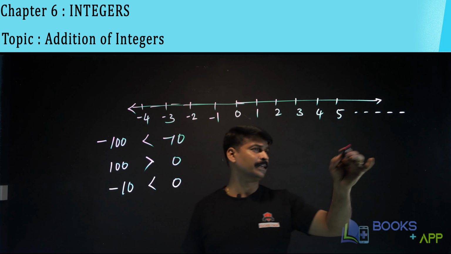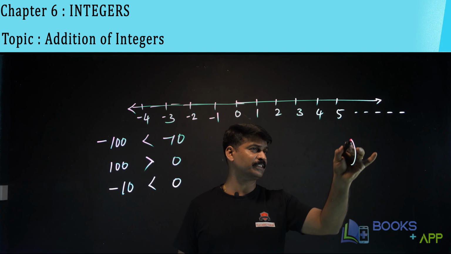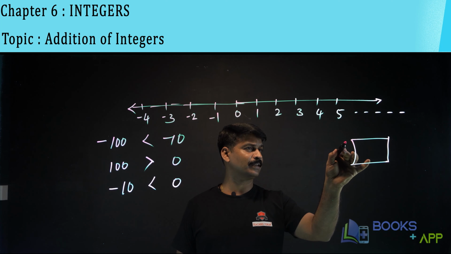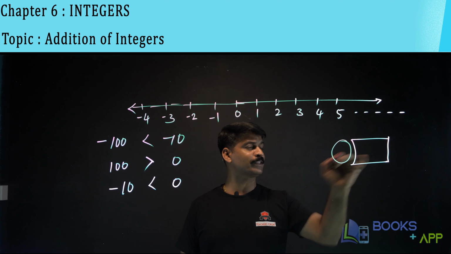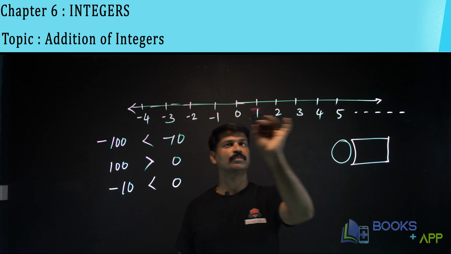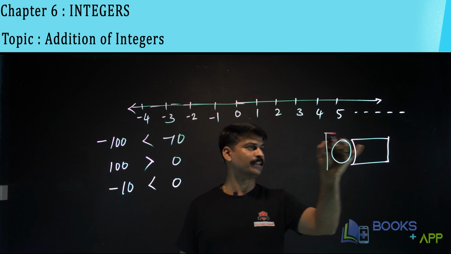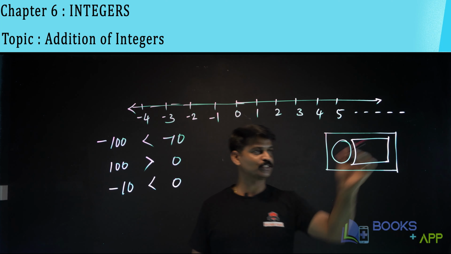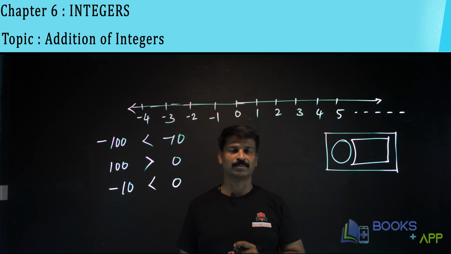Now if natural numbers are represented by these, and when we add 0 along with the natural numbers, what do we get? Yes, you will be getting whole numbers. So this rectangle indicates the whole numbers.